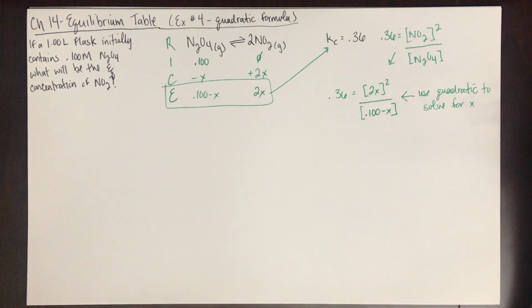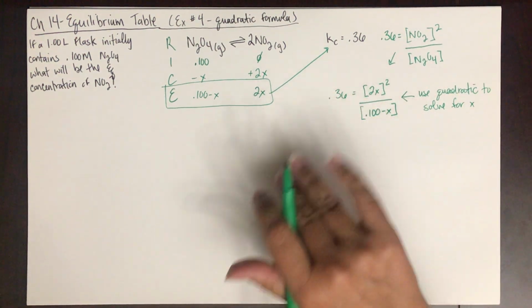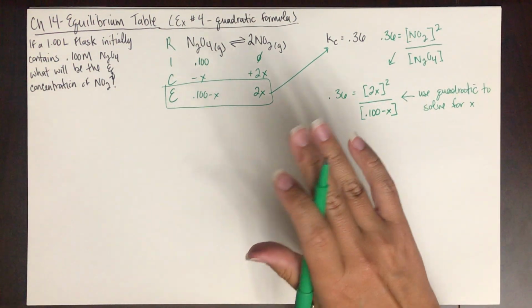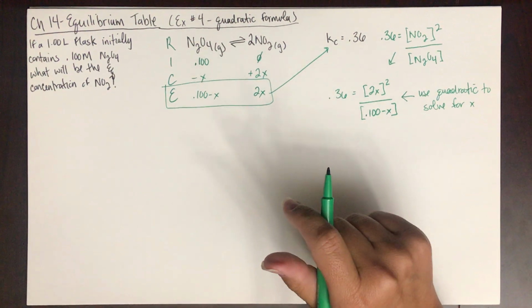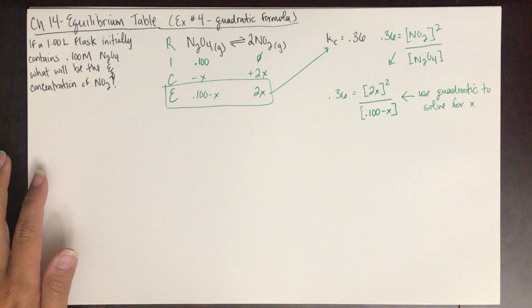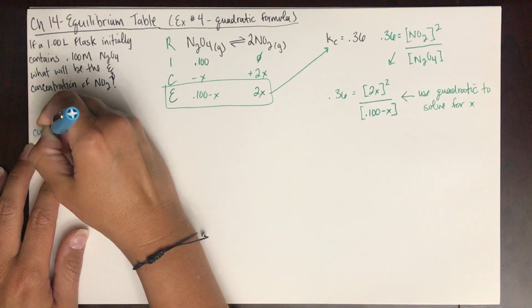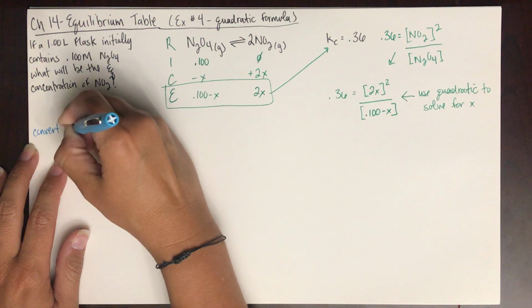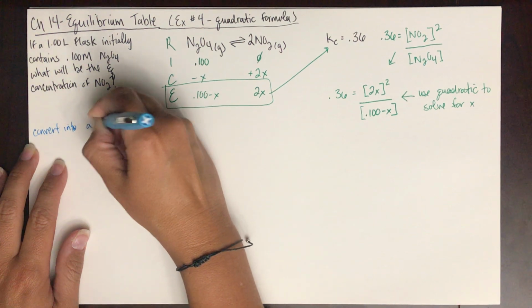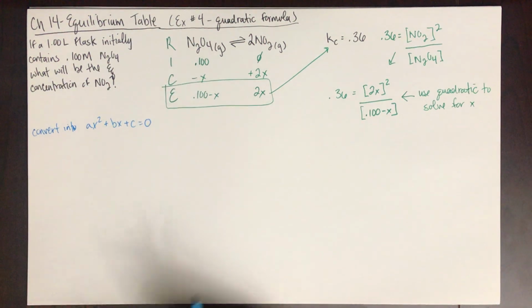And to use the quadratic, we need to convert this into the quadratic formula form, ax squared plus bx plus c equals 0.